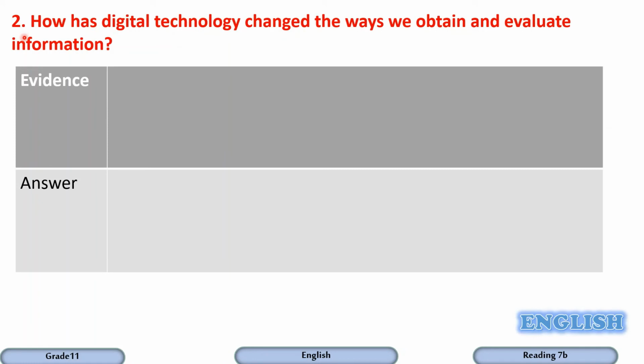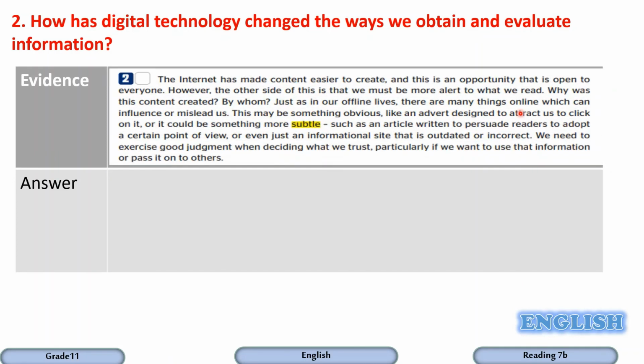The second question, how has digital technology changed the ways we obtain and evaluate information, or to judge the information we get? Now, if we look at the first body paragraph, so the evidence is clear here. The internet has made content easier to create.